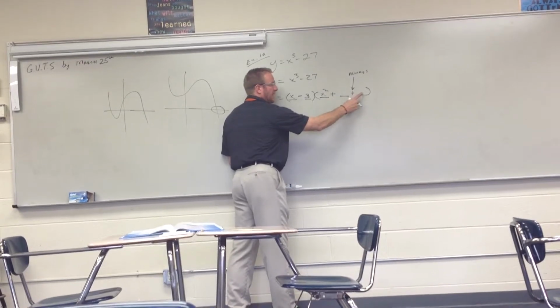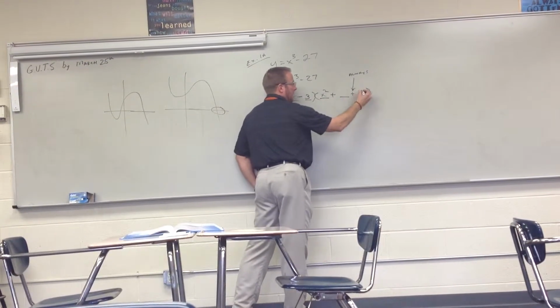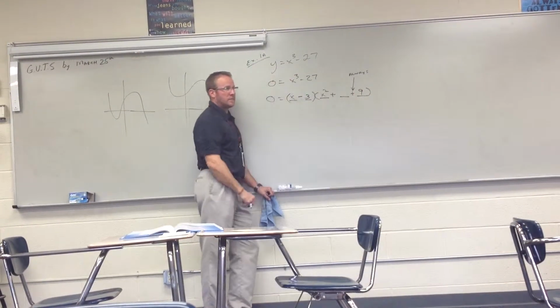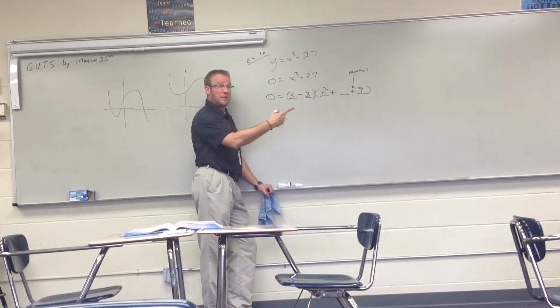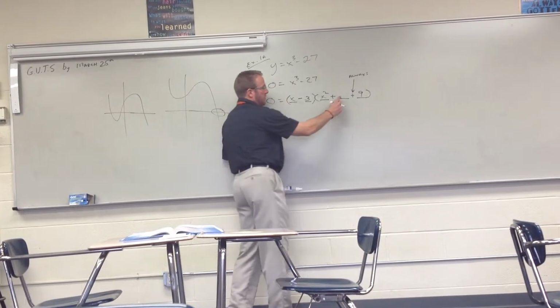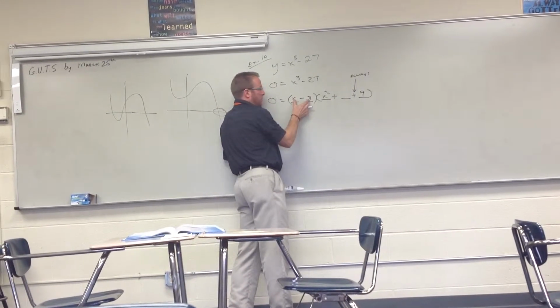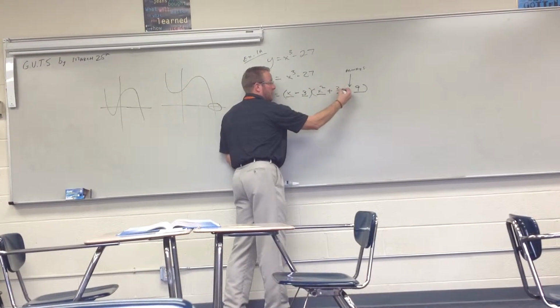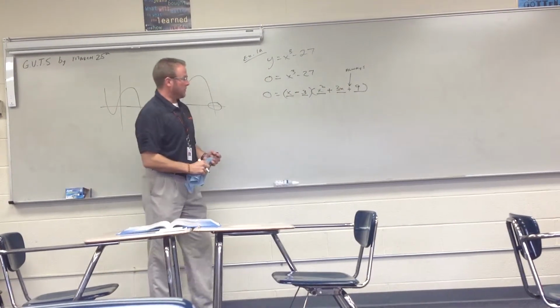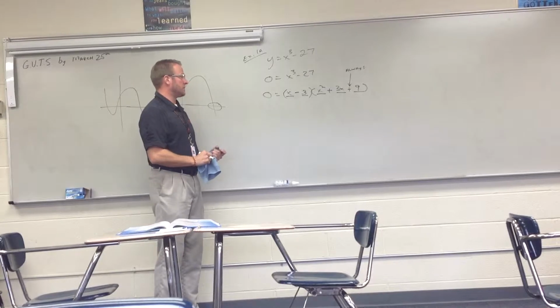To build the back end of your trinomial, square your back end. 9. To build the front, square the front. To build the back end, square the back end. To build the middle, just slam these two together with multiplication. 3x. That's it. You just factored 2 perfect cubes that were subtracted.